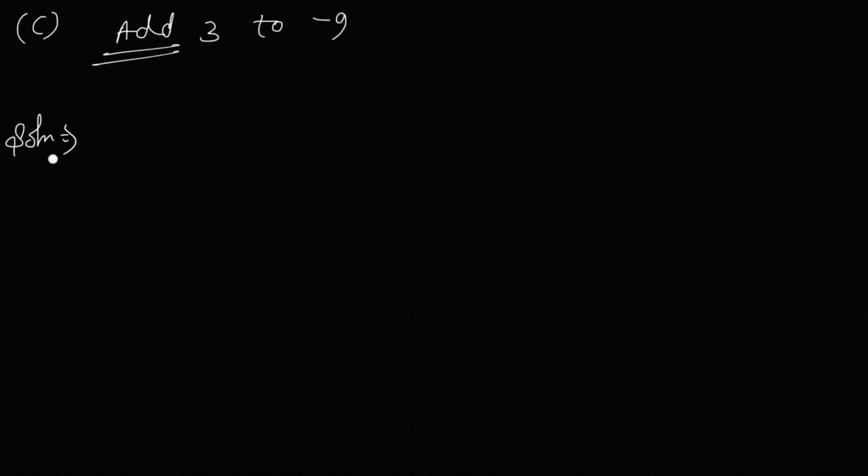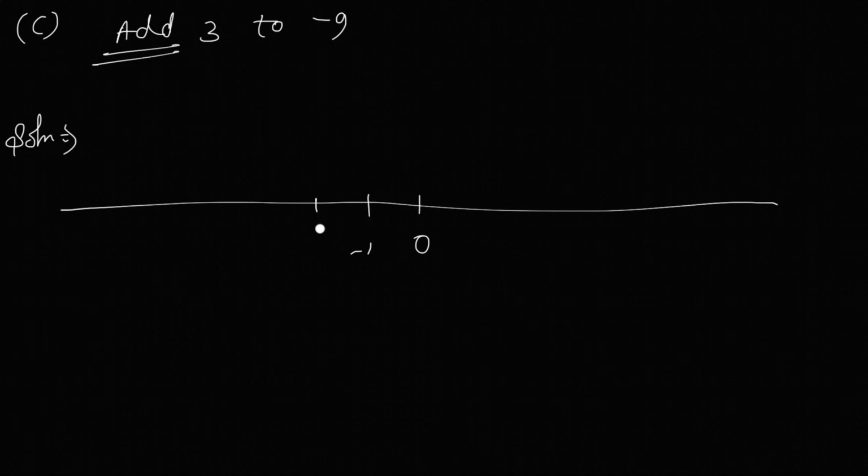Now the third question is add 3 to -9. Here be careful, we have to add, it means we have to move forward, not backwards. So here is the 0, and here -1, -2, -3, up to -9, and everything has a negative sign.